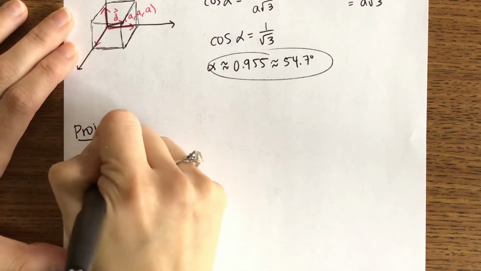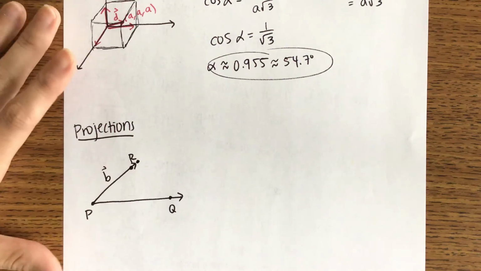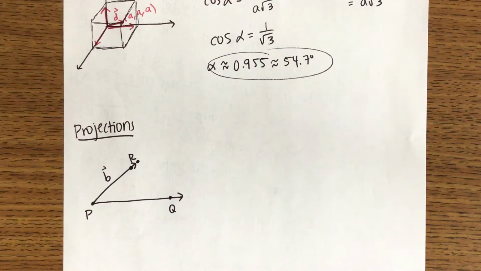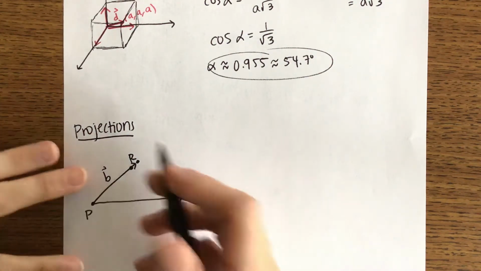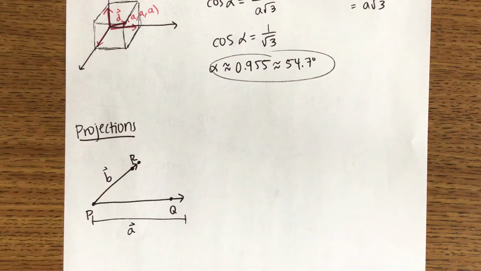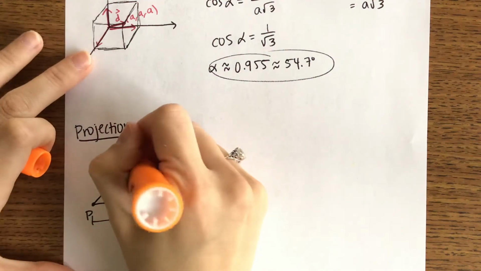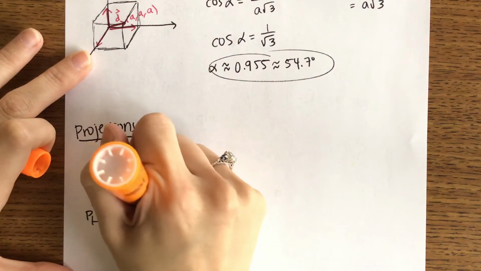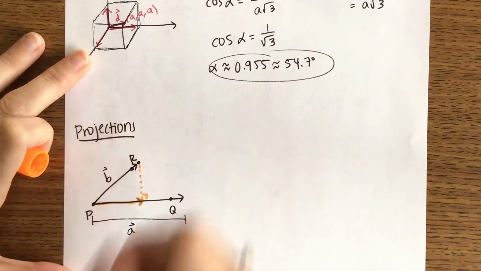Let's call this vector B. What we are interested in is projecting B in a different direction. So let's call this whole vector vector A. We are interested in projecting B down onto A to form some new vector.